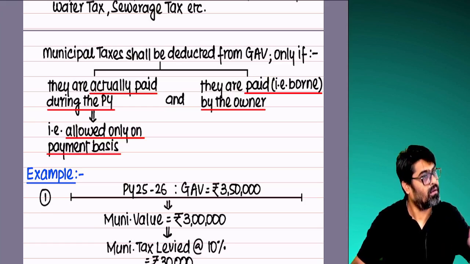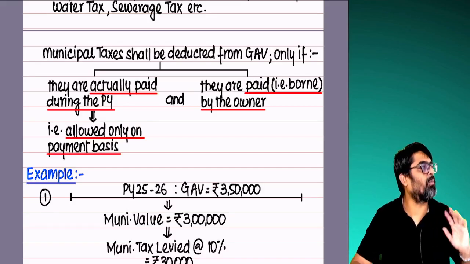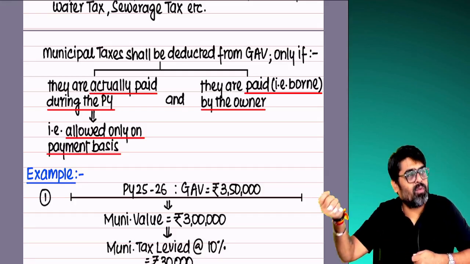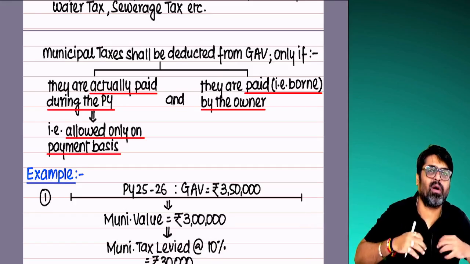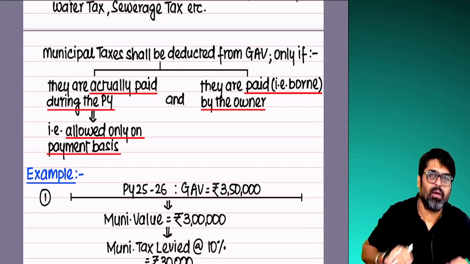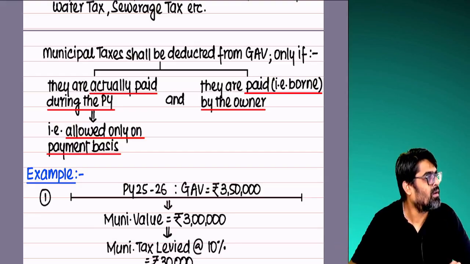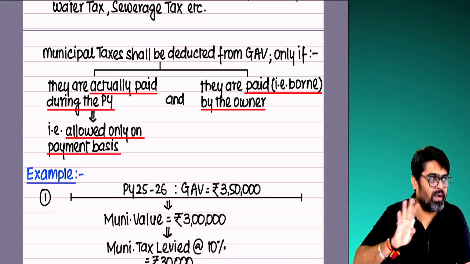I will pay the municipal tax, but along with rent, I will recover it from you. Tell me, am I paying the municipal tax? No, because the burden does not fall on my pocket. After paying, I'm recovering it from my tenant. So if the burden does not fall on my pocket, I am not going to get any deduction.